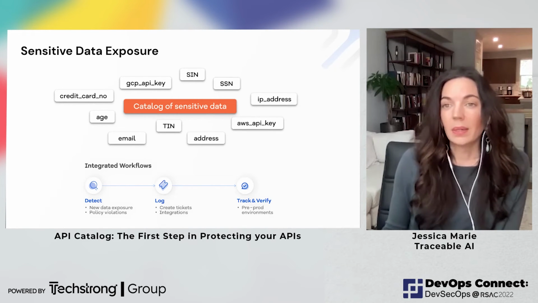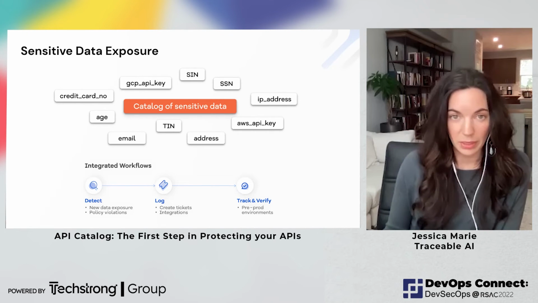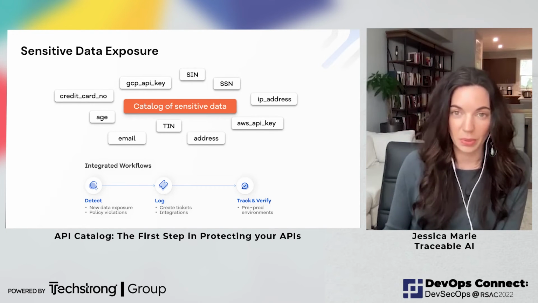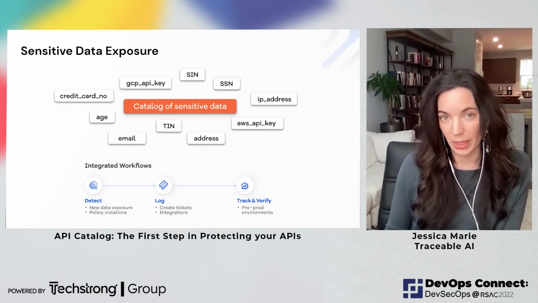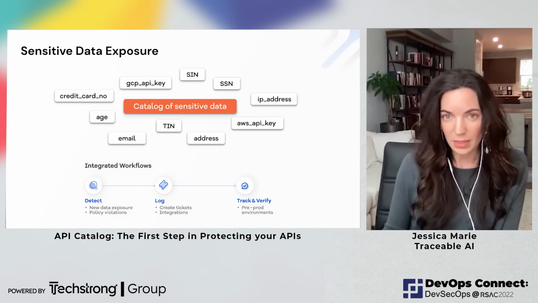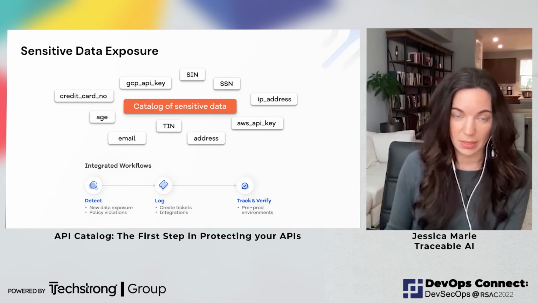So with so much data, and often sensitive data, now being transmitted via API, it puts the organization at risk of a data breach. And data exposure is listed as one of the top threats for API traffic by OWASP. This includes data leaks and exfiltration from origin responses.